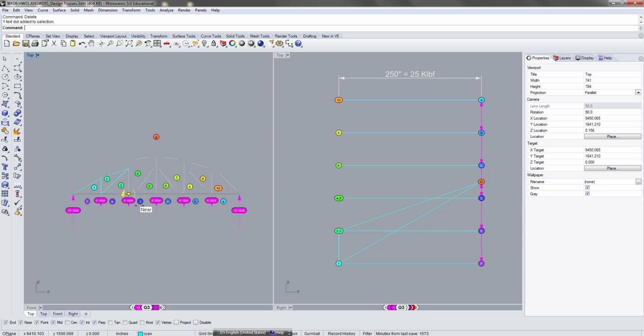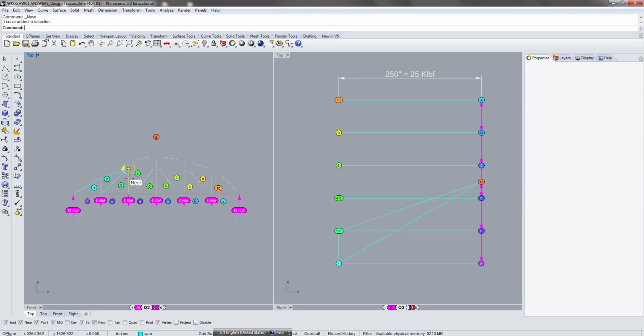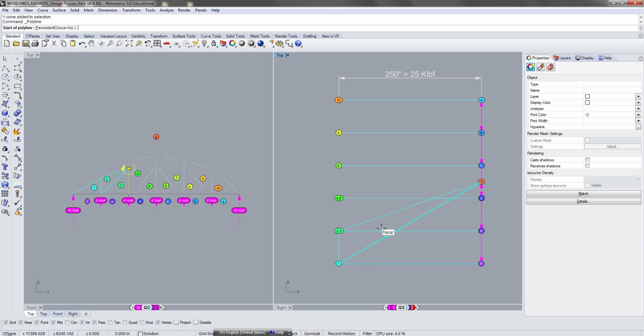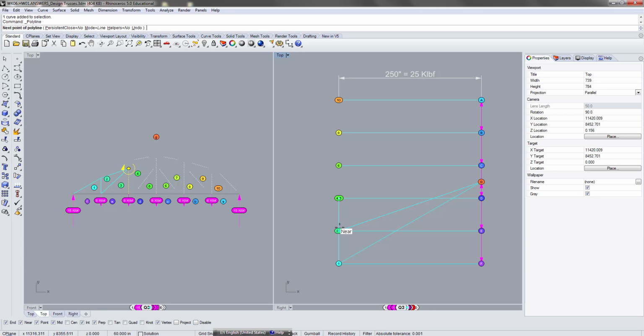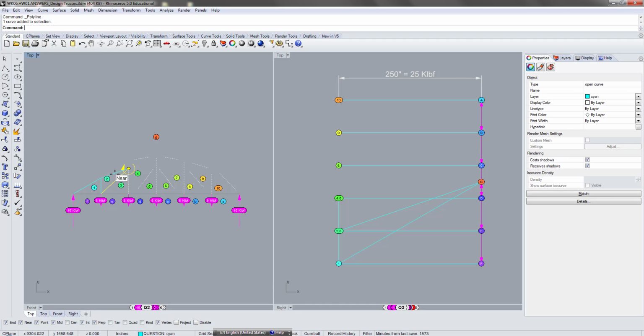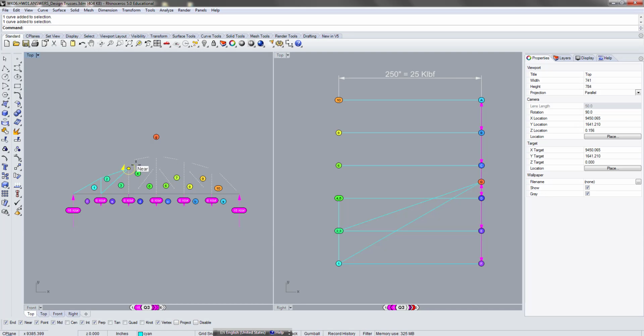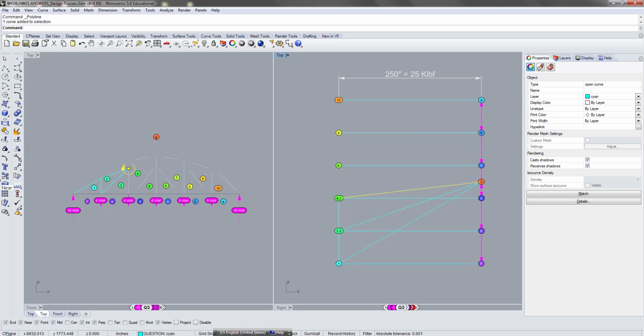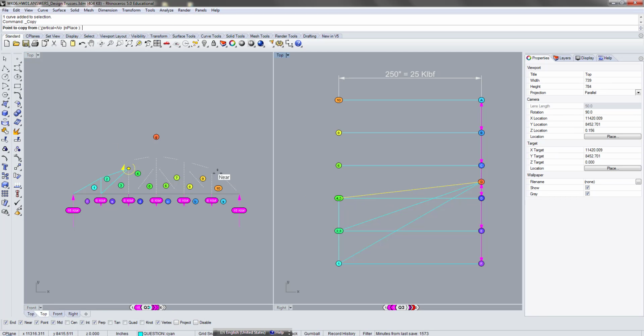5D is already mapped, so we're going to move on to the next node. So 4, 3 is this vertical line, so there's got to be some force in that member. 3, 2 is already mapped, 2G is already mapped, and then we come back to G4, which must be a line that connects G and 4, which helps us determine the angle of that top chord.